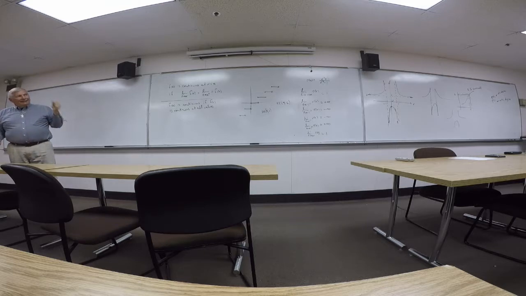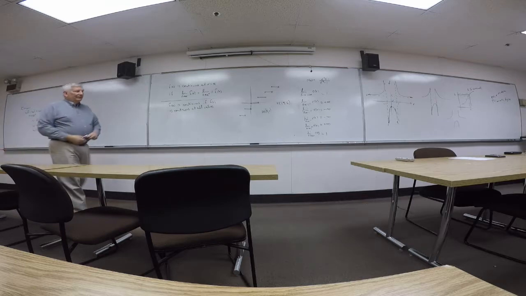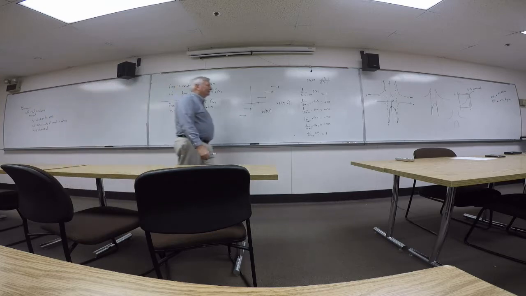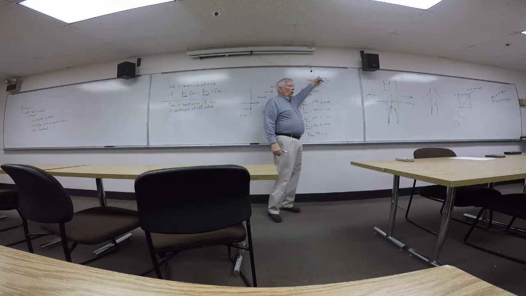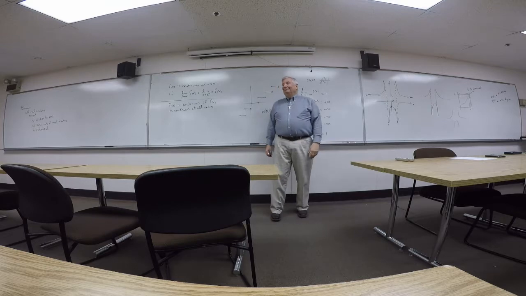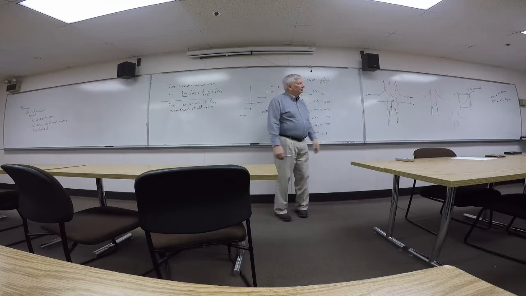On the other hand, if m is equal to n, then you have a horizontal asymptote at the ratio of the leading coefficients. In this example, the leading coefficients are 1 and 1, so it has a horizontal asymptote at 1 divided by 1, 1.